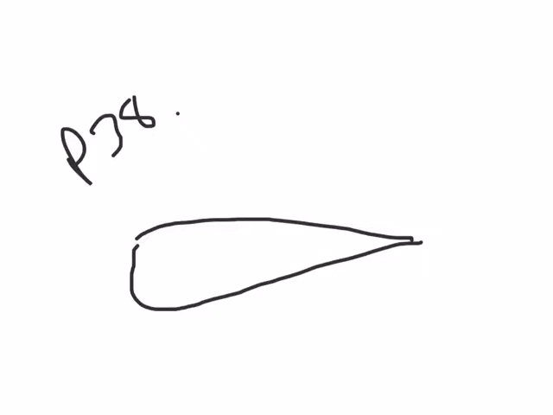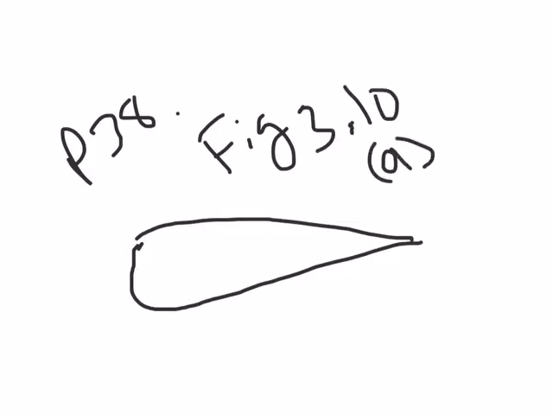If you look at page 38, what they're depicting here is a reverse cambered airfoil on 3.10a. So reverse cambered airfoil is basically going to look bigger at the bottom than the top. That's a really bad drawing, but I think you get the idea. Just look at 3.10, page 38. So we're on the same page. Figure 3.10a shows us the reverse cambered airfoil.